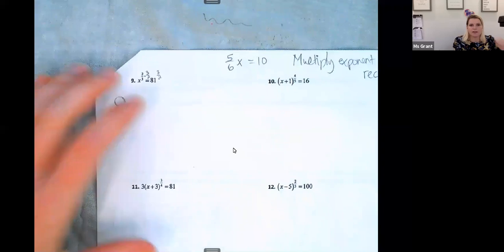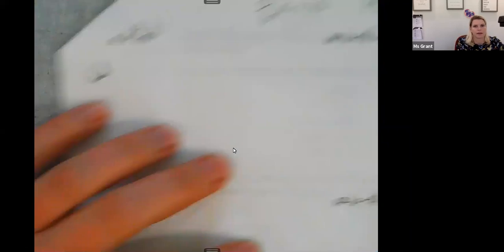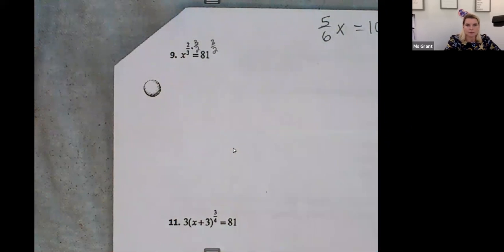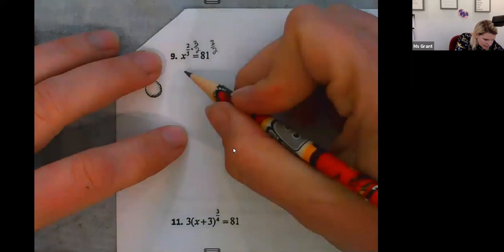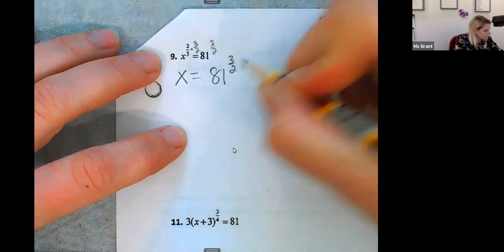Whatever you do to one side, you do to the other. Let's really zoom this in. So I'm going to do canceling on the left. x equals 81 to the 3/2.